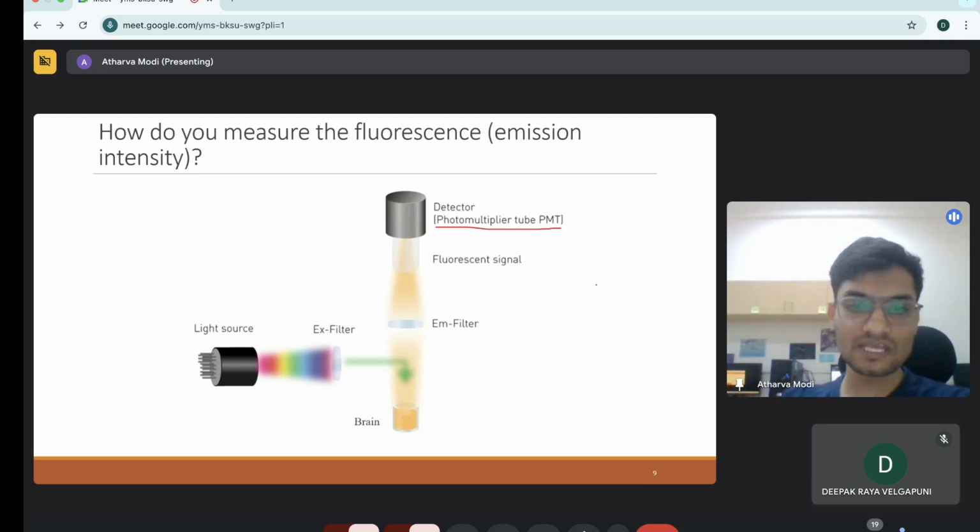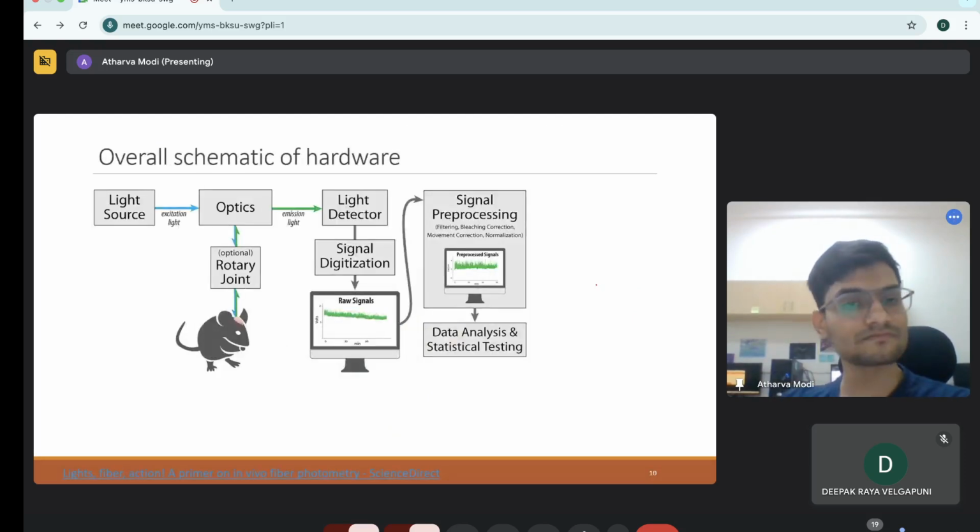Now you have everything in place: a light source, some optics going through the animal. The emission light goes to a light detector, which digitizes the signal, and we get some signal like this over time, and then we can pre-process and analyze these signals.